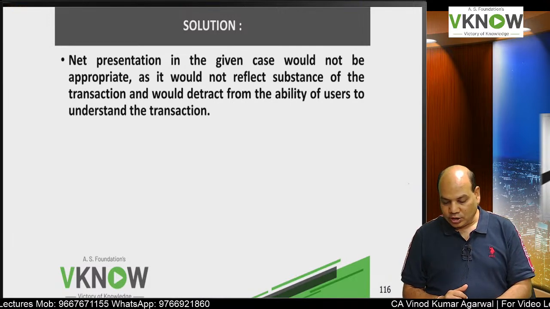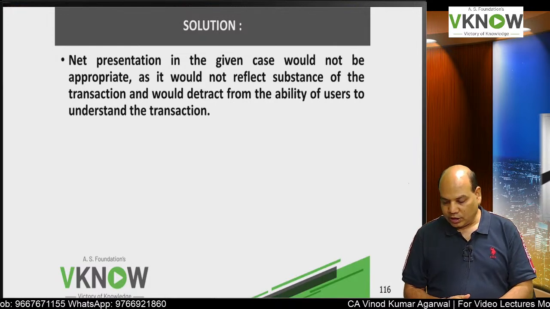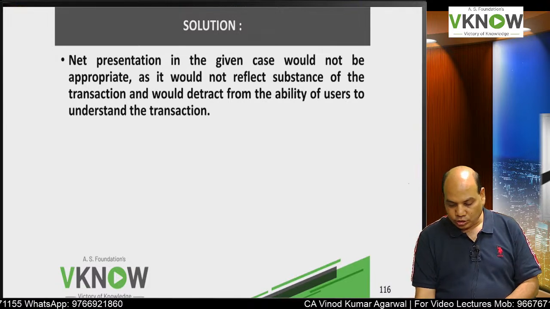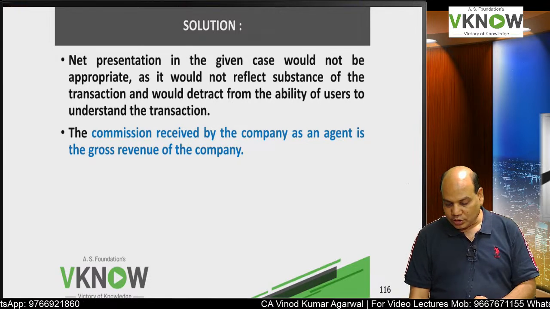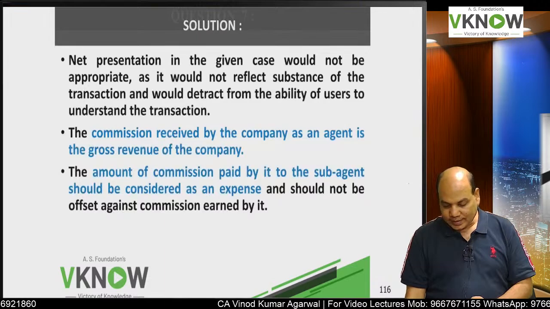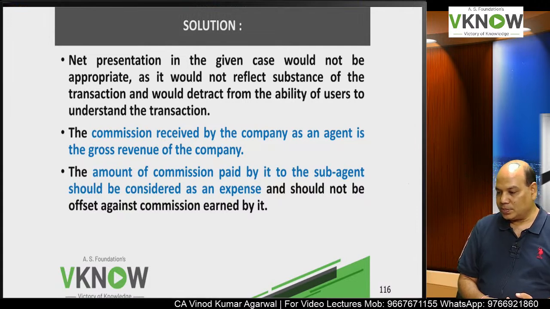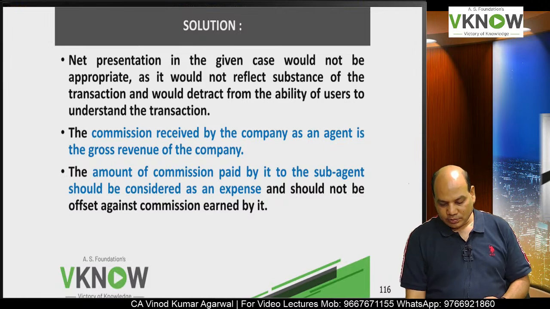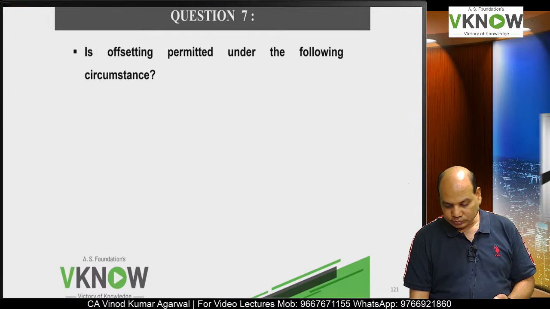Net presentation in the given case would not be appropriate as it would not reflect the substance of the transaction and would detract from the ability of the users to understand the transaction. The commission received by the company as an agent is the gross revenue of the company, and the commission paid by it to the sub-agent would be considered as an expense and should not be offset against commission earned by it, because in substance those are two different transactions.